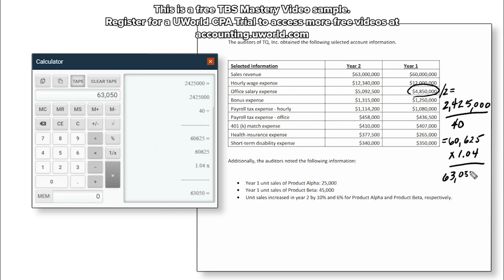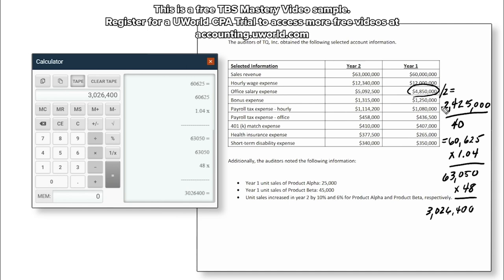So that is my new half-year average amount, which I will multiply by the headcount for the second half of the year, which was 48. So in my calculator, I'll now multiply by 48, and that gives me $3,026,400. So this is my estimate for the second half of the year.